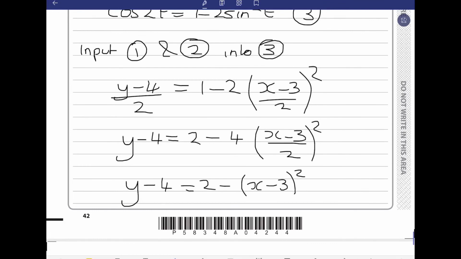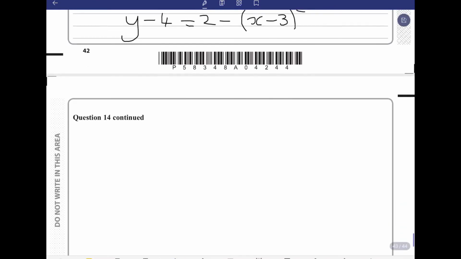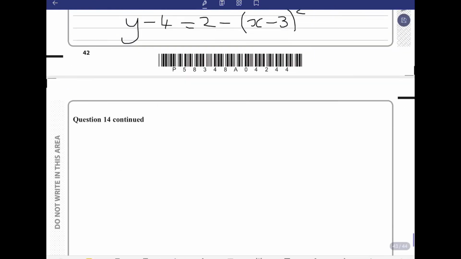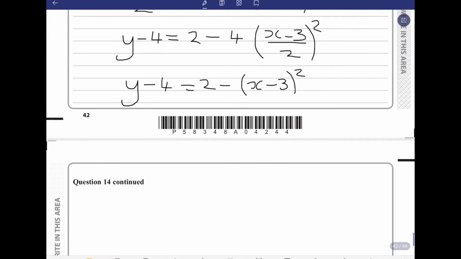Then all we've got to do to get it in the required form is add 4 to both sides. So we get y equals 6 minus (x minus 3) squared, and that is the answer we were looking for.